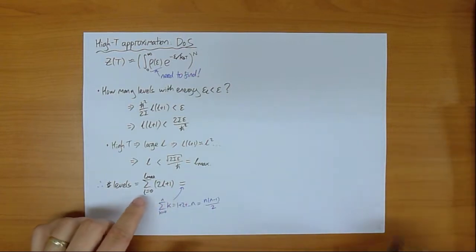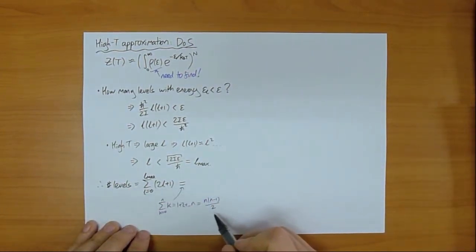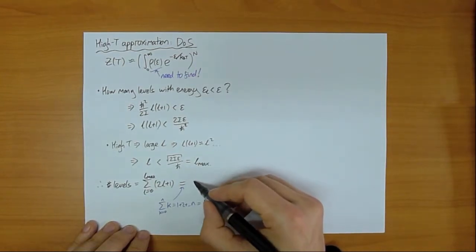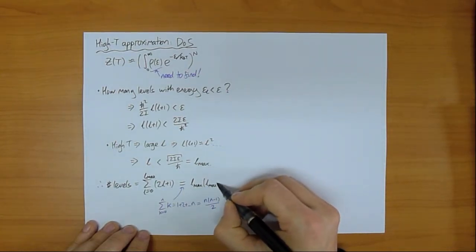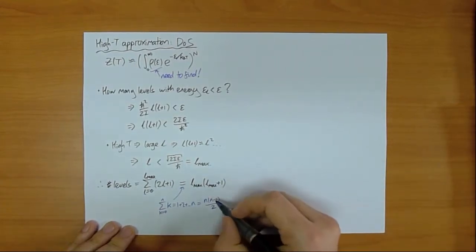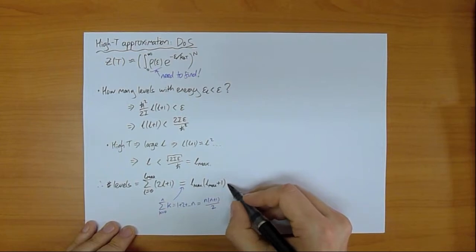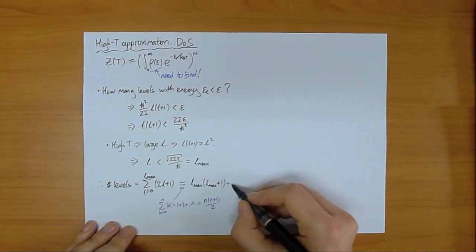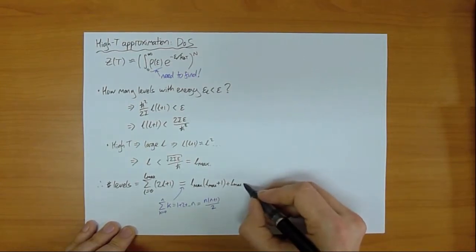Here you see I've got a sum which looks like that, except it's 2L plus 1. So the 2L just multiplies by 2 here, so I'll get L max times L max, sorry, plus 1. That was a mistake. The formula here should be plus 1. L max times L max plus 1, and then this 1 here just gives me another L max plus 1.